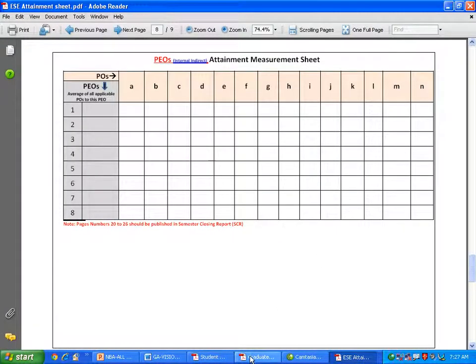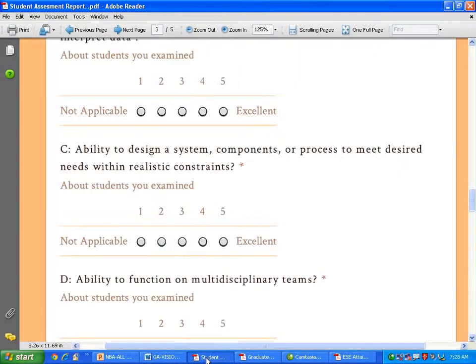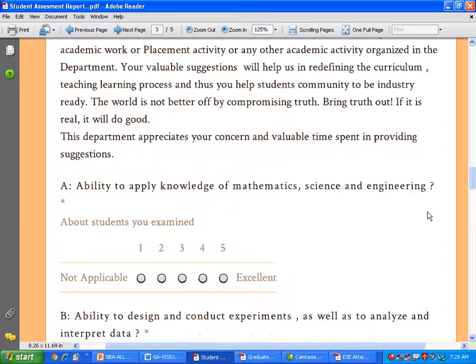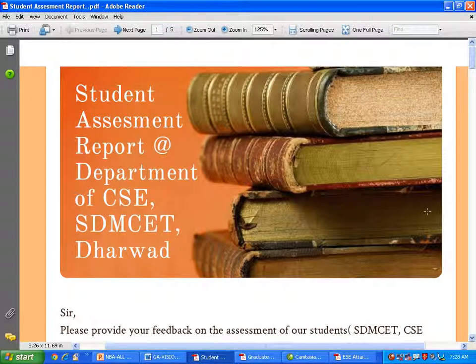Now, a continuation of this, right? The forms which are created, I would like to show to you people here. So this is one of the student assessment reports. Different people come to your institution for conducting training programs. They conduct a test at the end of the training program. Give this form to them and ask them, how do you assess our students?